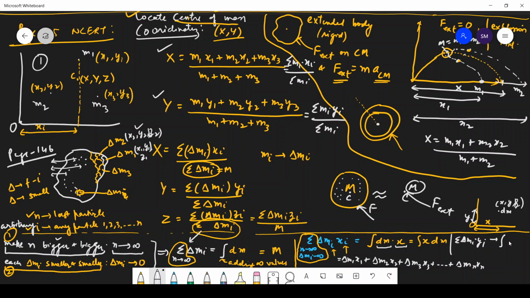Delta will come at the end, so this dm, remove the i symbol from the subscript, and then y. And sigma delta m_i z_i will be replaced with z dm. Is this concept clear, students?